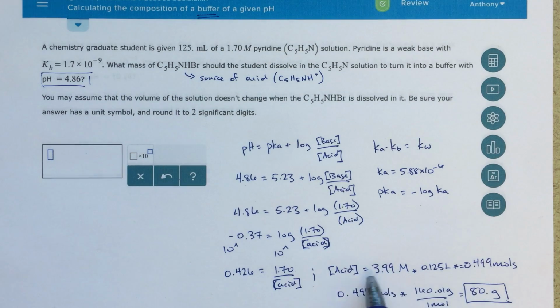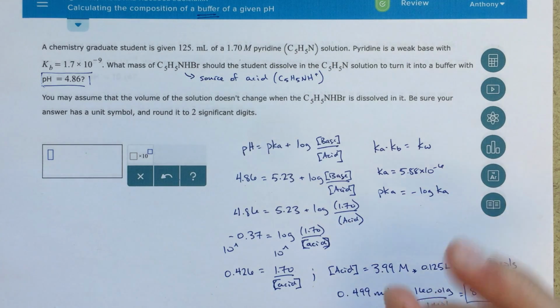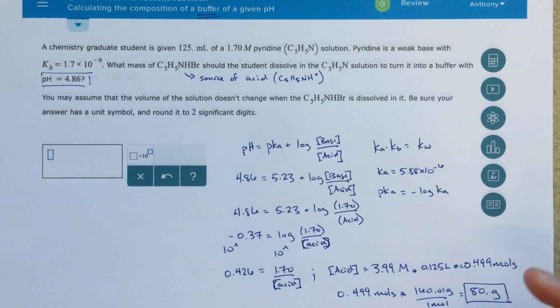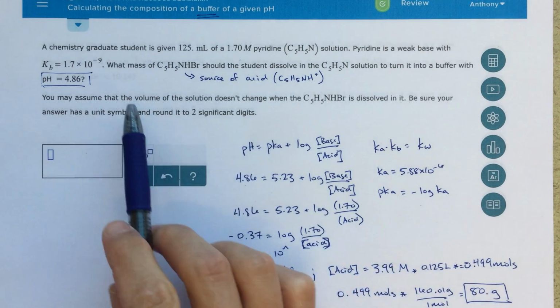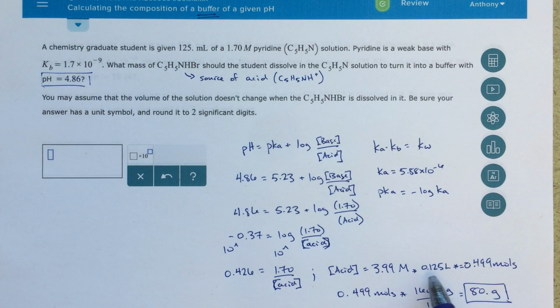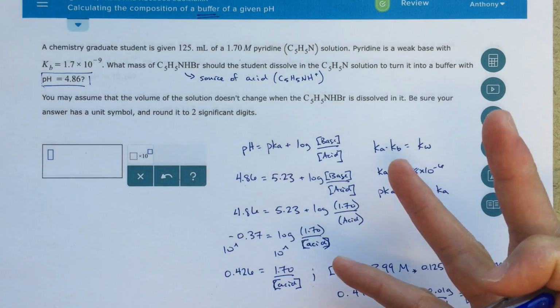So this concentration of acid that I'm solving for is telling me that if I make my solution that concentrated in acid in 125 milliliters, then I'll have the right pH. So this is my concentration, this is my volume, and it says that the volume doesn't change, so this is still my volume. So this is solving for the number of moles of acid that I would need to add in.